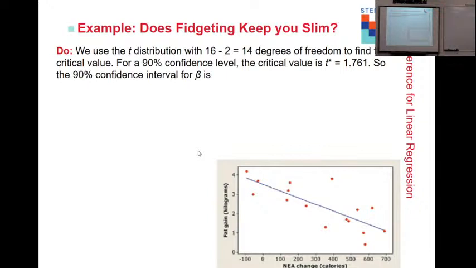Okay. 90% confidence interval. Do inverse t and make sure you can get the same value out with 14, n minus 2 degrees of freedom.